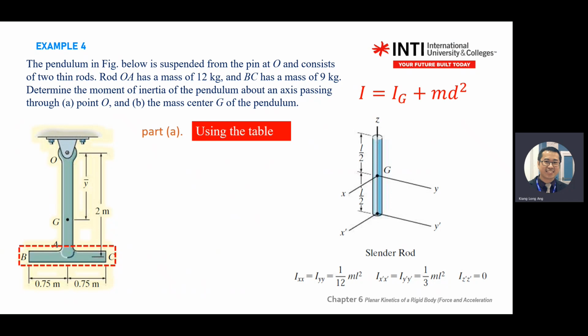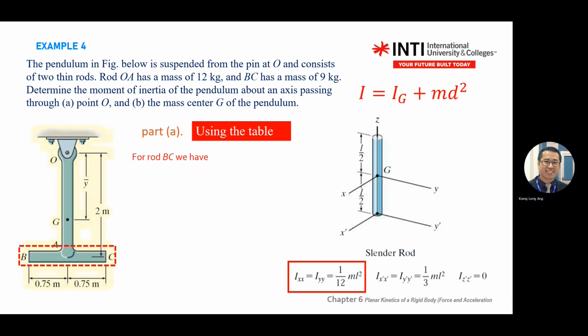Which one is more suitable to use? Is it this end? There's no end there. It's connected at the center, so you can only use G. That's why in BC you use IXX, IYY, because it is connected at the center here. That's why you pick G and not the end.